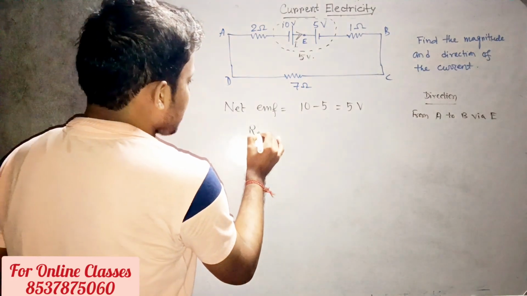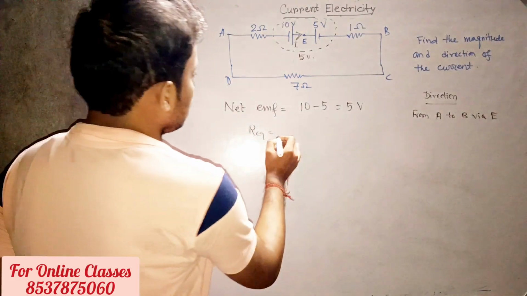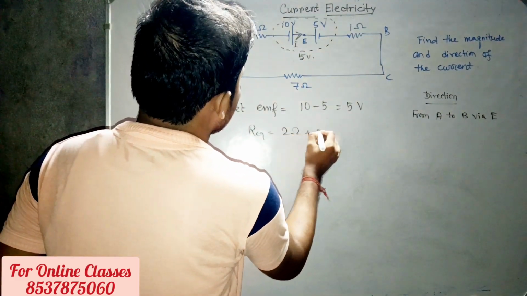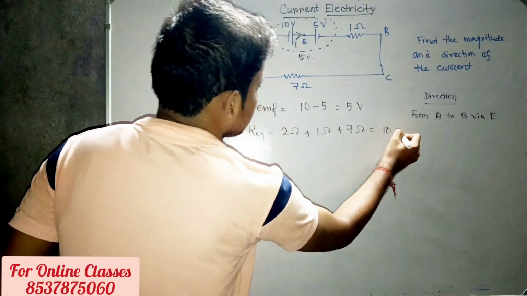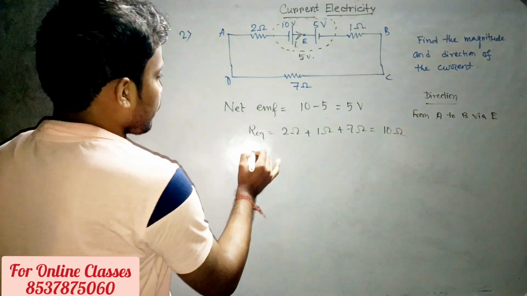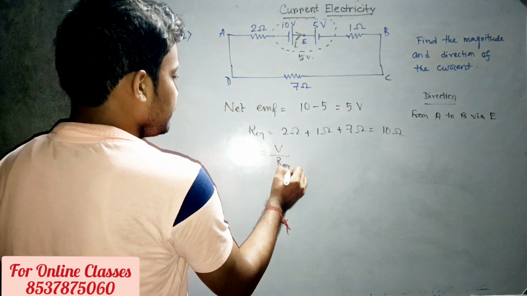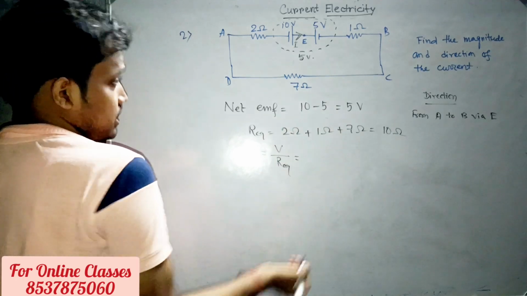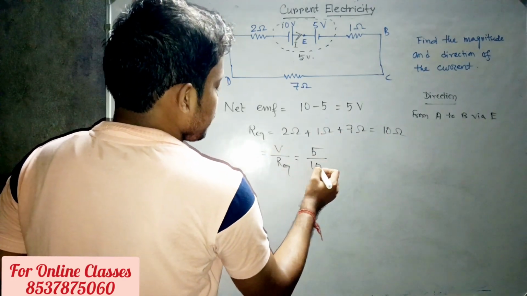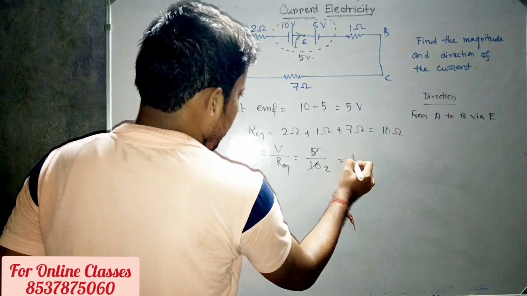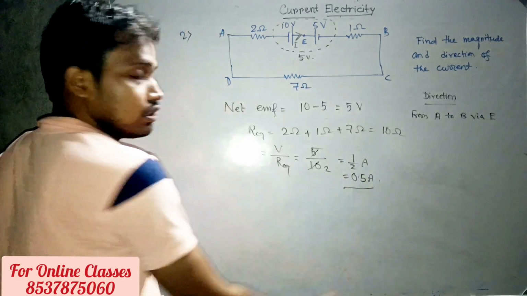So the total equivalent resistance will be the sum of all the resistors: 2 ohm plus 1 ohm plus 7 ohm, which is 10 ohm. From Ohm's law, I equals V by R. The EMF is 5 volt and the resistance is 10 ohm, so you will get 0.5 ampere.